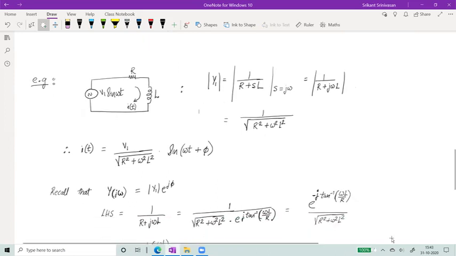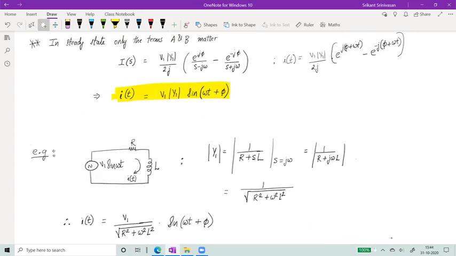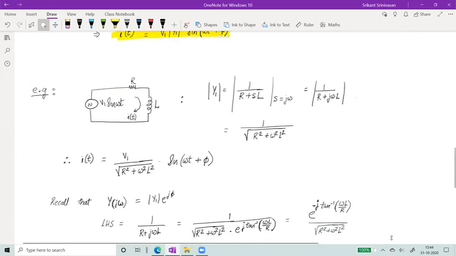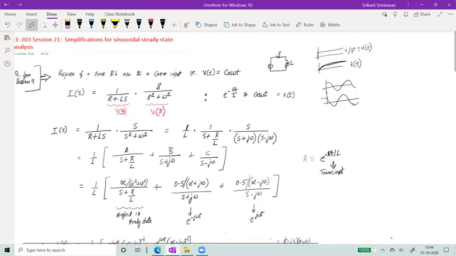You can directly apply the formula that the current is your original voltage, V1 sine omega t, times the magnitude term evaluated at j omega, plus an extra phase term, which is minus tan inverse of omega L divided by R. So by just inspection, you can directly tell the answer without all the calculations we did earlier.